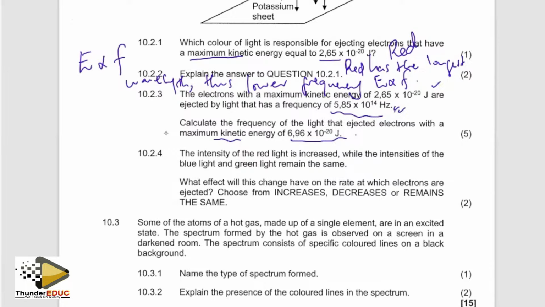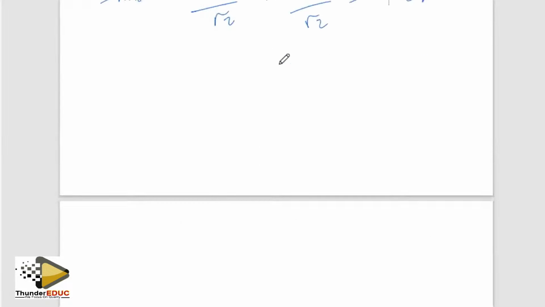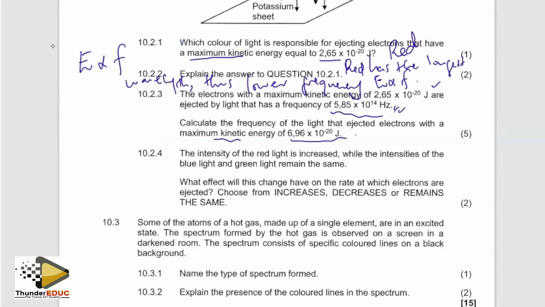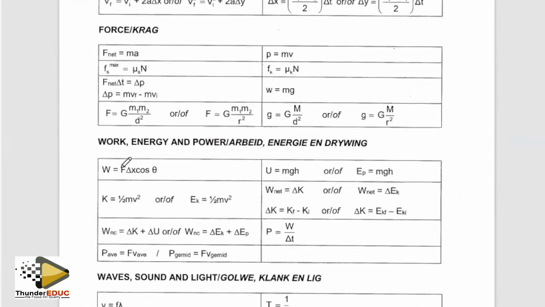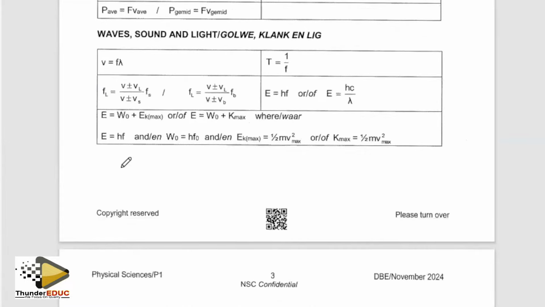So from our formula page, there's a formula of Emax that talks about the work function plus the EK. Let's confirm that. Which formula are we using?